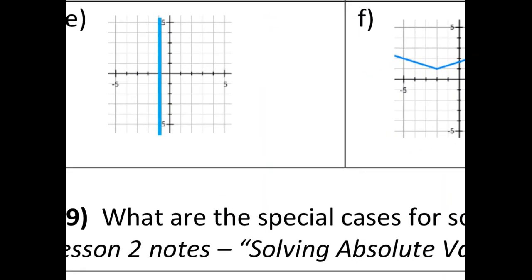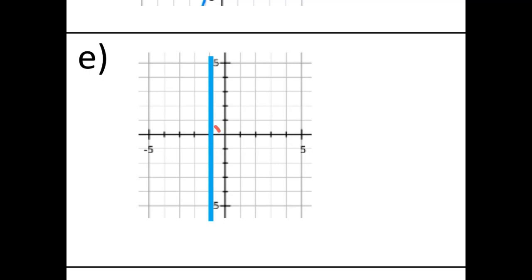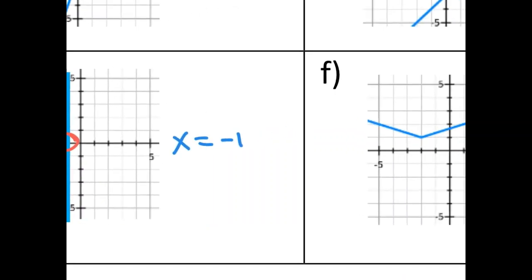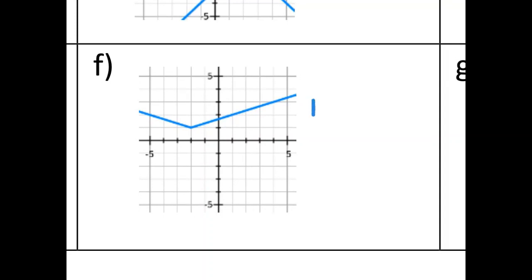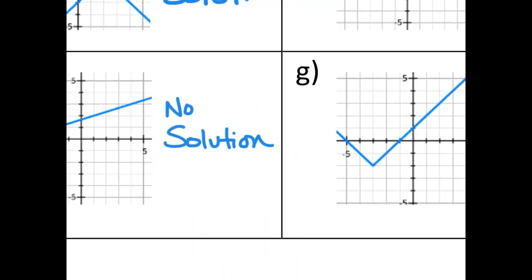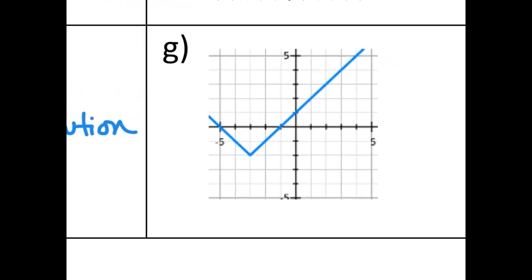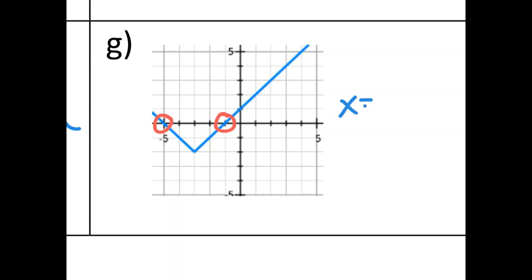In this graph, your x-intercept is here at x equals -1. In this graph, there's no x-intercept, therefore there's no solution. This graph again has two solutions, one here and one here. So x equals -5 and x equals -1.